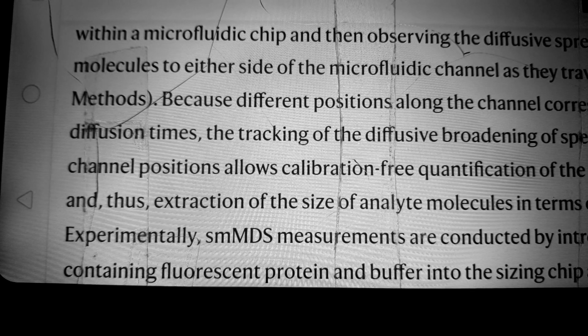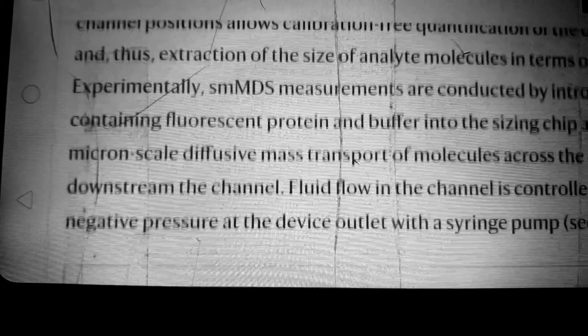See methods. Because different positions along the channel correspond to different diffusion times, the tracking of the diffusive broadening of species in different channel positions allows calibration-free quantification of the diffusion coefficient D and thus extraction of the size of analyte molecules in terms of RH.